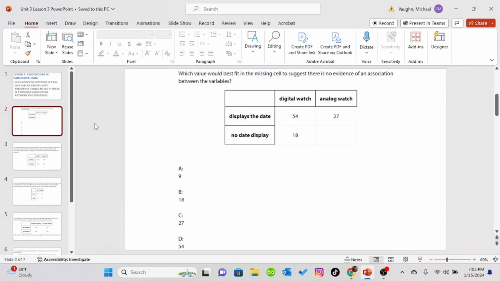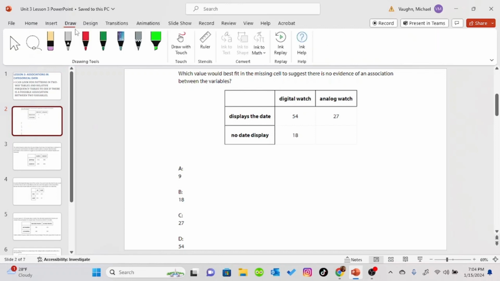Which value would best fit in the missing cell to suggest there is no evidence of an association between the variables? So it's important to understand what it means for there to be no evidence of an association.